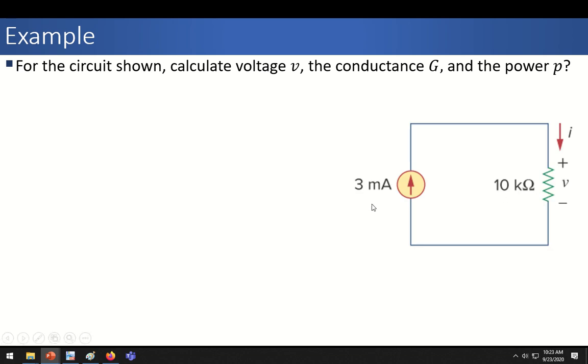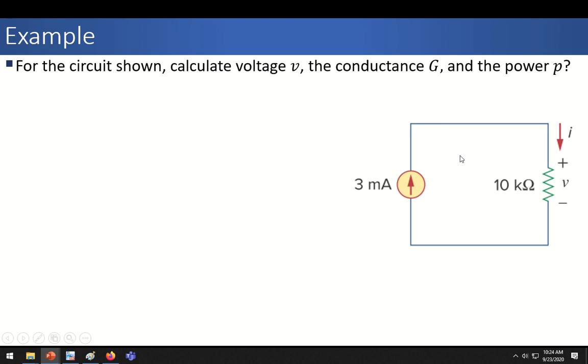In this circuit we are given a current source of 3 milliampere, with current flowing in this direction, and a resistance of 10 kilo ohm connected across this current source. We want to find the voltage V, conductance G, and the power P.